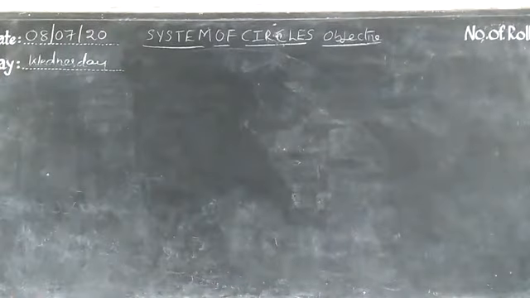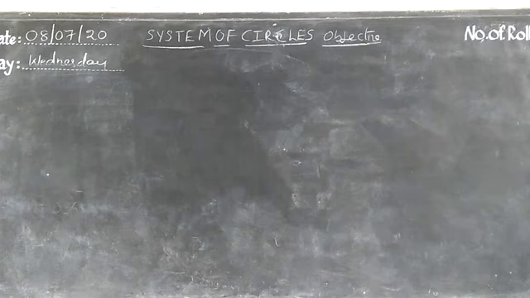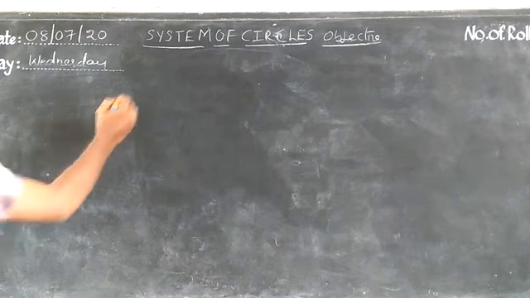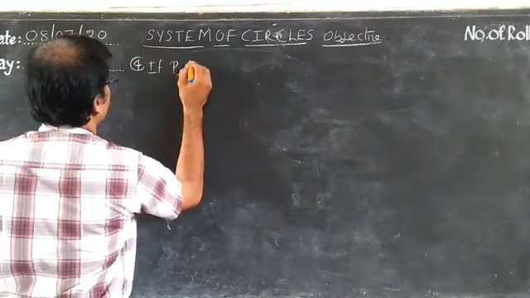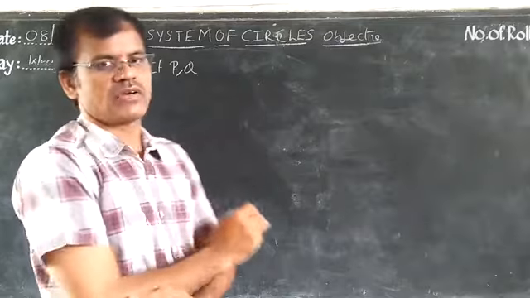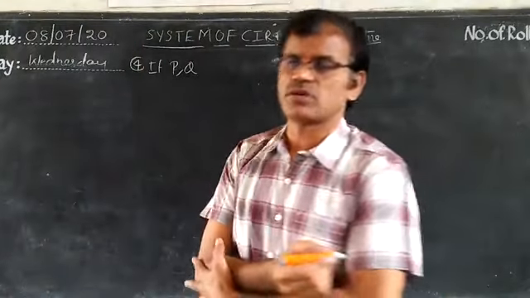Three formulas completed. Next, let us discuss the fourth formula: if P, Q are conjugate points with respect to the circle S equal to 0. This is from exercise 2A, Roman numeral 2, fifth question.